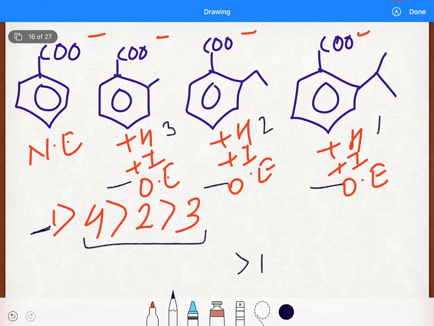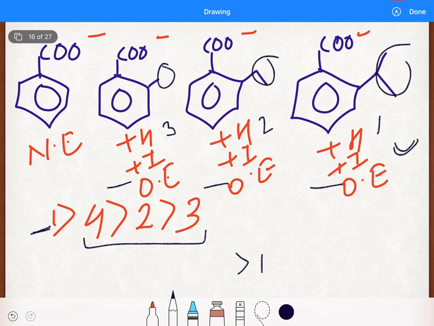Okay. Now the extent of ortho effect. Here we are getting the ortho effect because of SIR, steric inhibition of resonance. Steric means size, so steric inhibition of resonance will be more if the size is greater, correct. Now see, this is methyl, there is ethyl, there is propyl, meaning the higher the number of carbons, the bigger the size, and the higher the steric hindrance, correct.